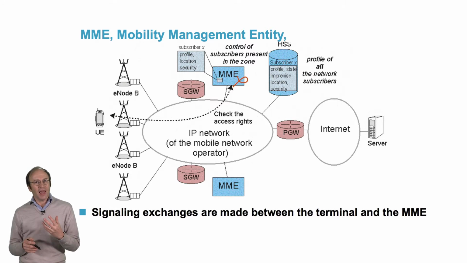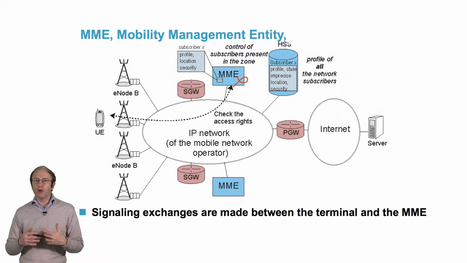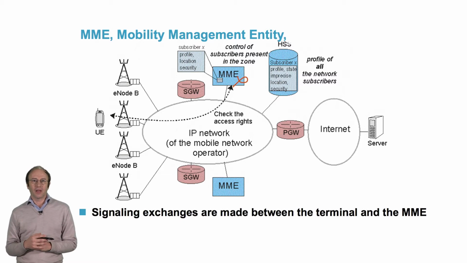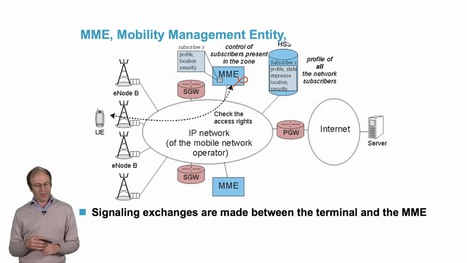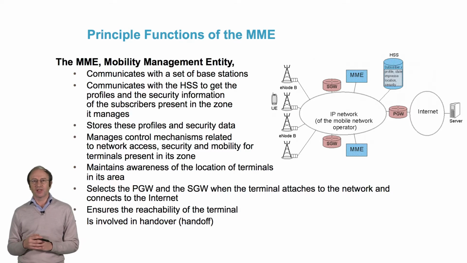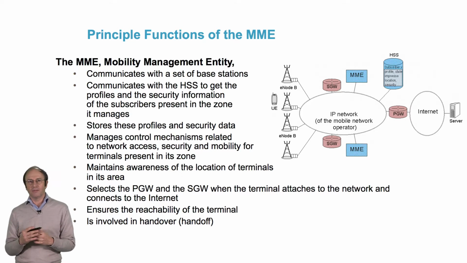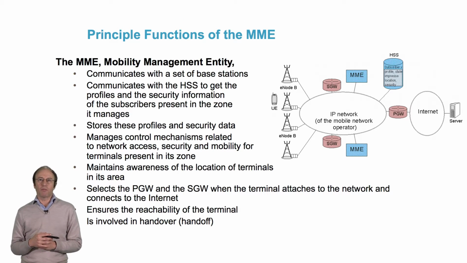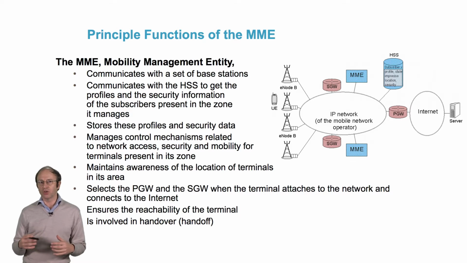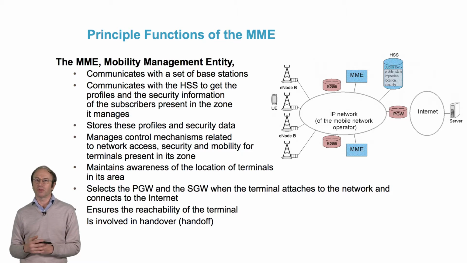So, the MME is the node that will be, in a way, the local or regional conductor. There are several MMEs in a national French network. Like HSS, the MME only exchanges signaling. MMEs are relatively powerful machines that can manage around 10 million subscribers.